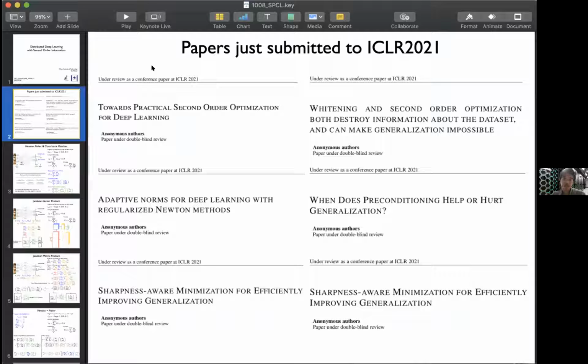So first of all, second order methods are increasing in popularity. For example, the papers just submitted to ICLR 2021 are available on Open Review. If you take a look at the list, a lot of them talk about second order optimization and sharpness, which is equivalent to looking at the Hessian.